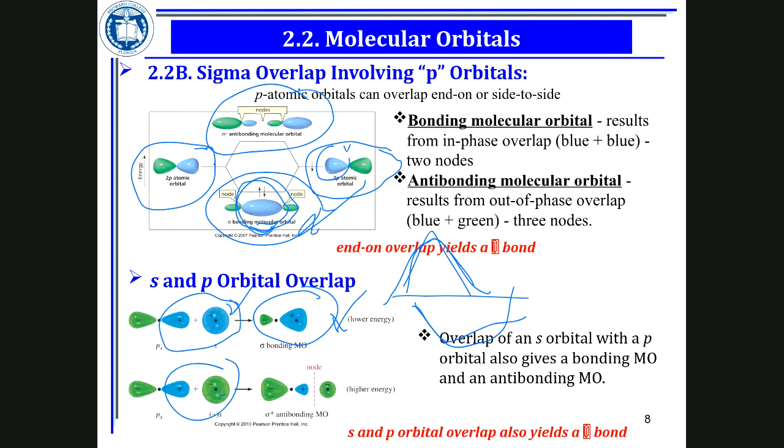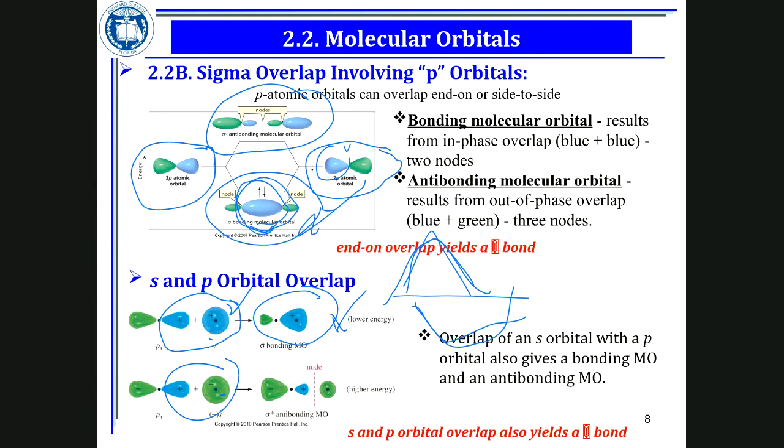If you were given, let's say for the quiz, two orbitals added together with the same shade of blue, then you would say this is going to give bonding. Or if it's a different shade, one green, one blue, then you would say this overlap is going to be anti-bonding.